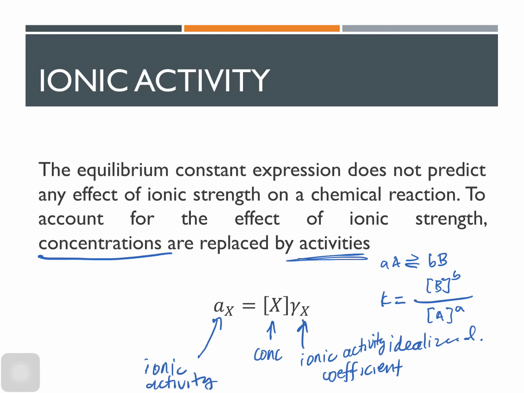So what we were doing previously is that we were actually neglecting this gamma term. We were neglecting the ionic activity coefficient, hence we only used the concentration part in our equilibrium constants. However, since we know that ions have an effect on the equilibrium constant, we have to account for them using ionic activities.